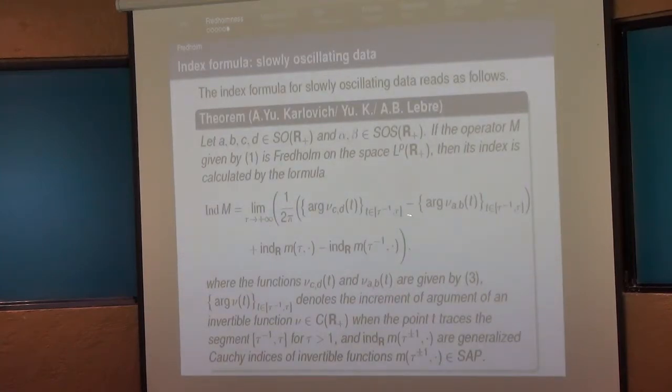So when these points approach 0 and infinite, this is a generalization of the index formula. Here we need to take into account that these functions are semi-almost periodic, and these functions are moreover invertible in such a set. In this case, such indices are calculated.